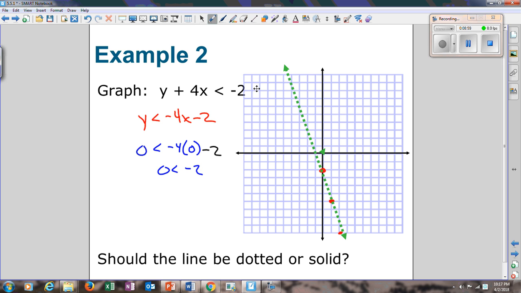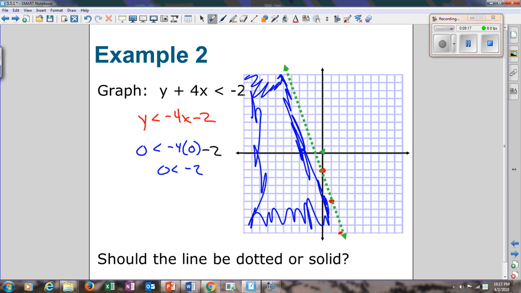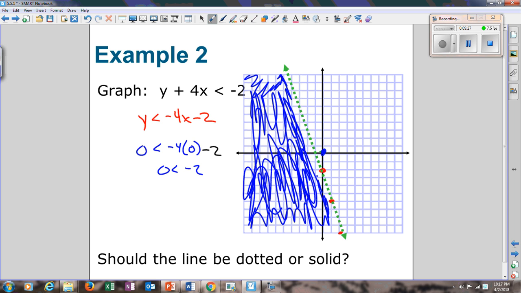I would hope that you all just said no. So since it's not less than negative 2, we shade on the opposite side of the line from the origin. Our original point was here that we plugged in. It created a false statement, which means you shade over here. Just clarifying in case you need.